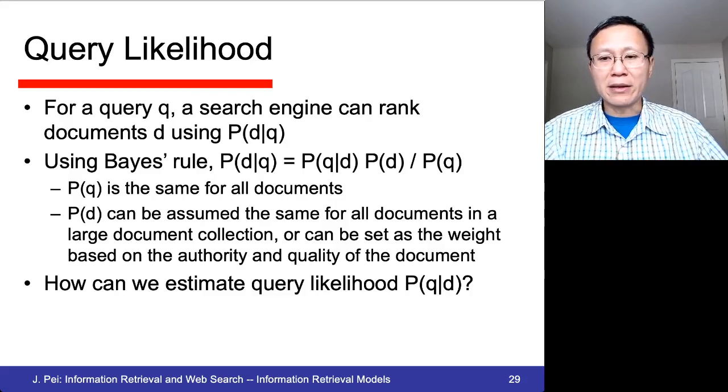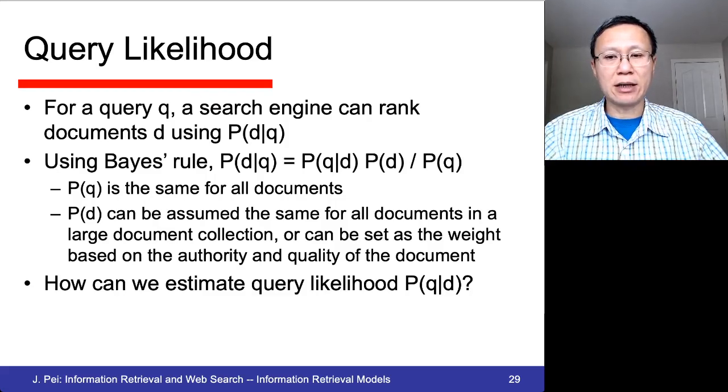To be more mathematical, we can understand the probability P(D|Q) as the probability that a document D may be generated using the same mechanism that generates the query Q. We'll give the formal definition of P(D|Q) and how to calculate this probability later.